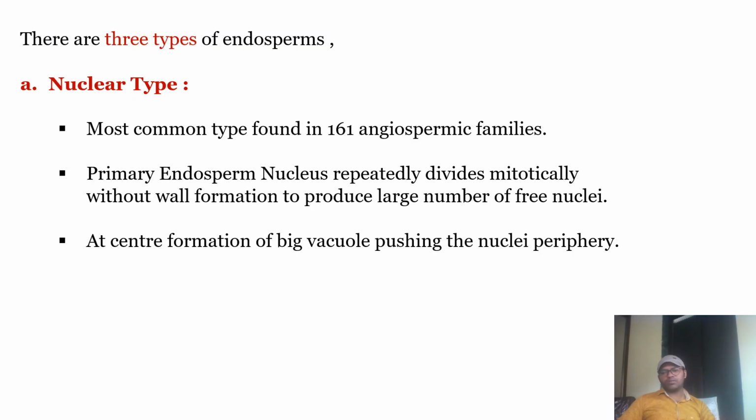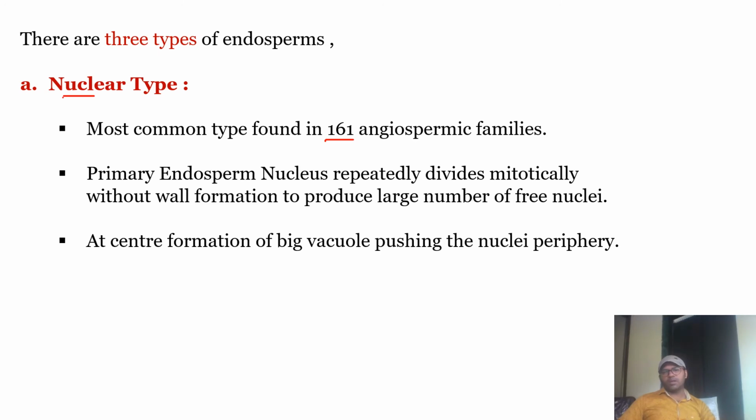There are three types of endosperm. One is nuclear endosperm, the nuclear type of endosperm. Another is cellular, and the third one is helobial. So the first one is the nuclear type. It is the most common type of endosperm, found in almost 161 angiosperm families.